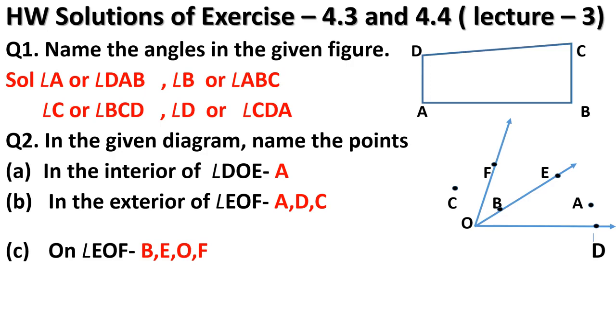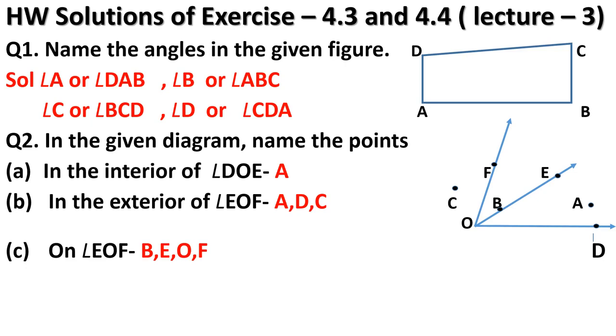That is angle A, or we can write the name of angle A as angle DAB. Then angle B, or we can write angle ABC, angle C, or we can say angle BCD, angle D, or we can say angle CDA, because the vertex comes in the middle.